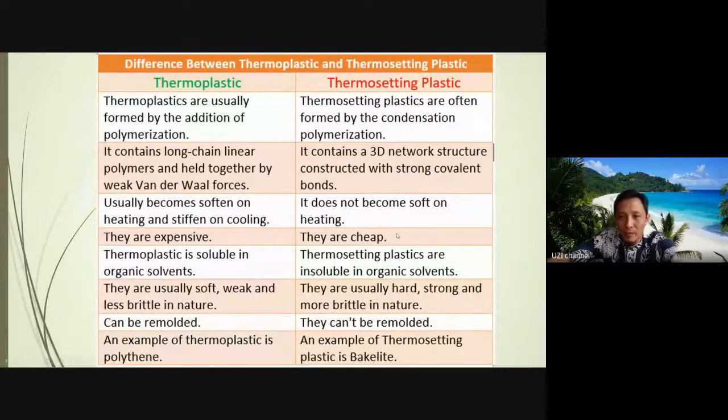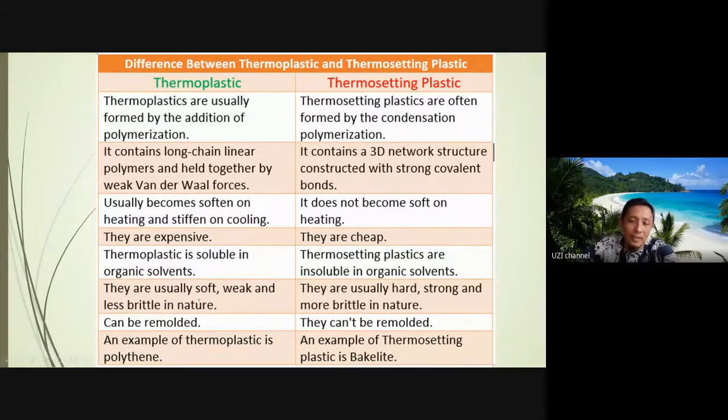So for mass applications, for example, big structures like the body of a ship, some structural materials, often use thermosetting plastic because of cost considerations. And also thermoplastic is soluble in organic solvent, but thermosetting plastic is insoluble in organic solvent.